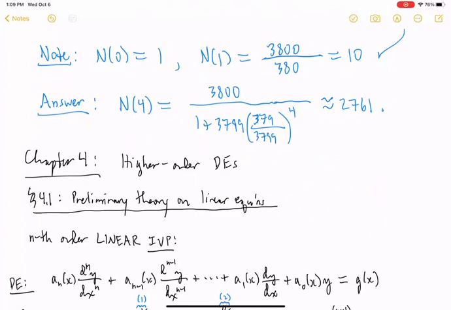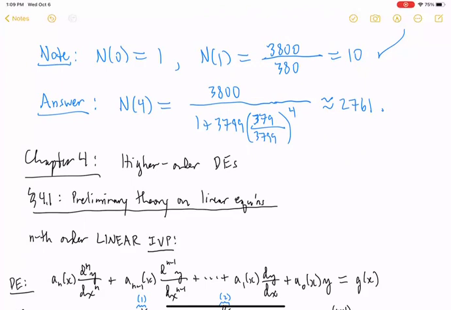And these little functions of x can all be different functions. They don't have to be the same function. But I want to put an index on those functions that matches the order of the derivative that's there. This is an nth order linear differential equation, and we're going to turn it into an IVP.